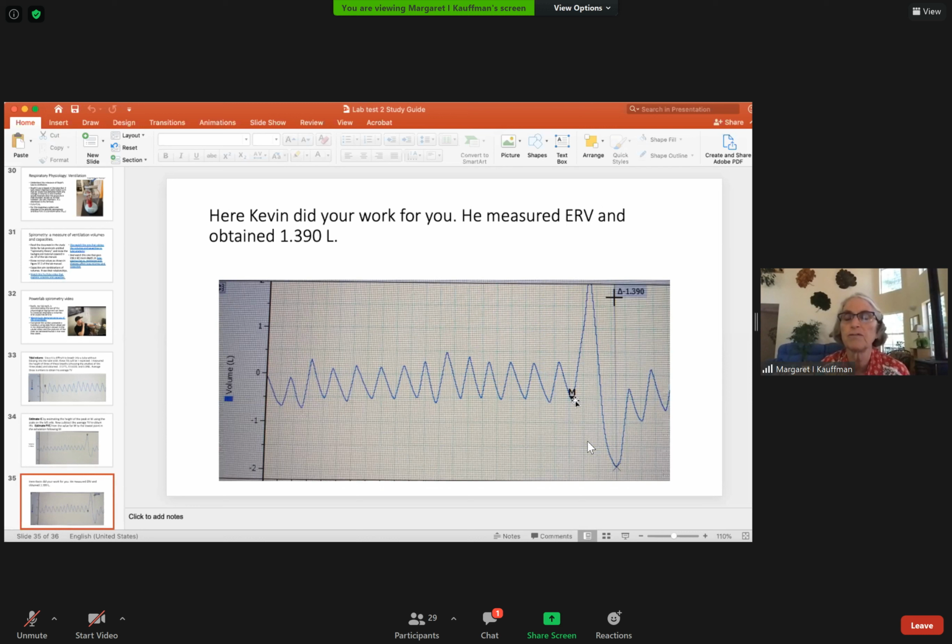He's measuring from the exhalation prior to inhalation down to the deepest peak. So that's an expiratory reserve volume. That's the maximum he can exhale beyond normal tidal volume. So he did measure that for you, gave you that number.